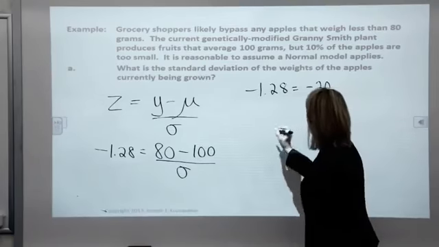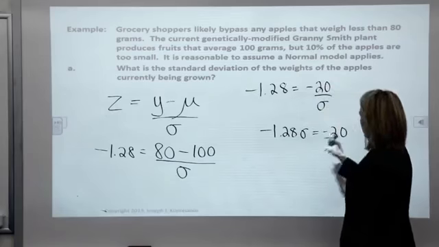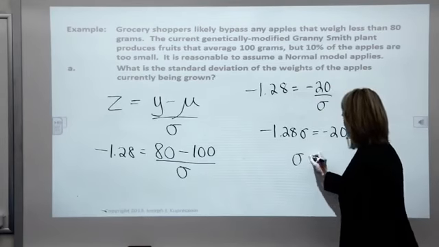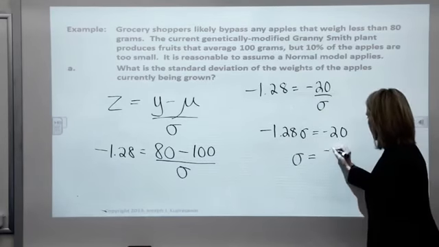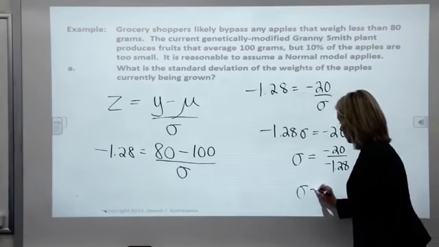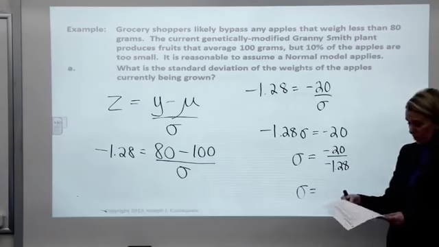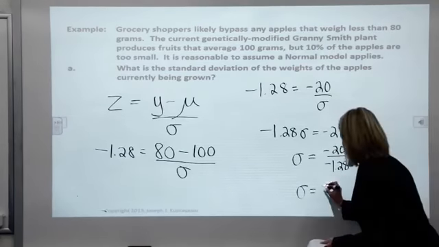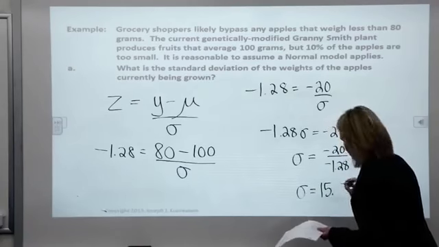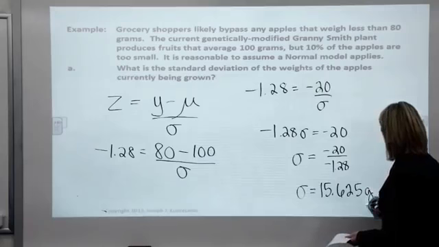If we simplify the numerator, I can multiply both sides by sigma, and then divide both sides by negative 1.28, a negative divided by a negative. That standard deviation must be positive. If you were to come up with a negative answer, I hope that you would know that that's not correct. And if you work this out, the standard deviation is about 15.625 grams.